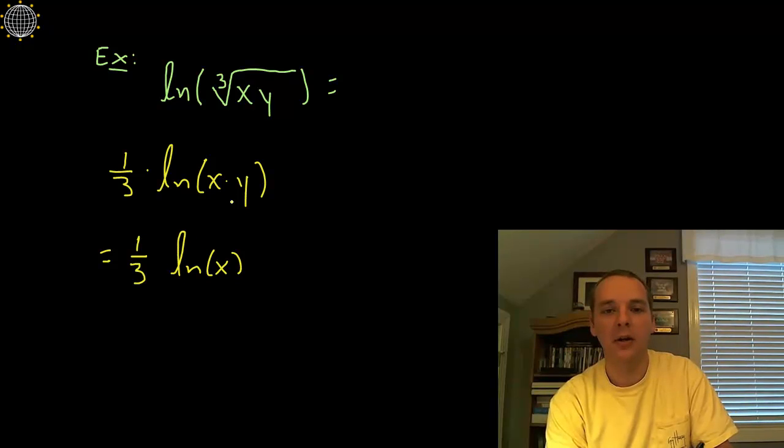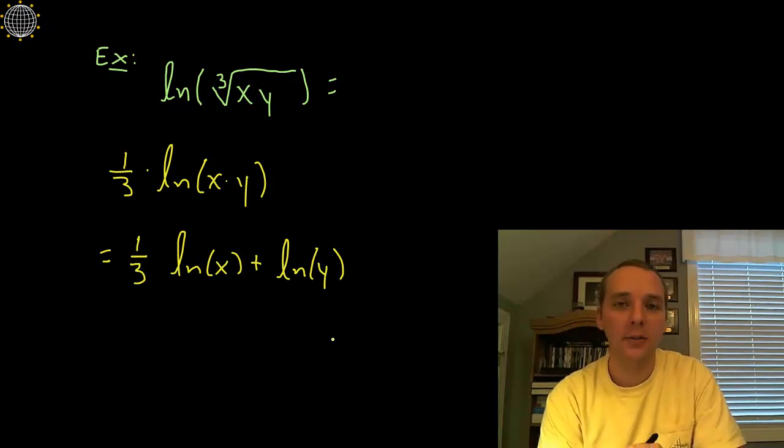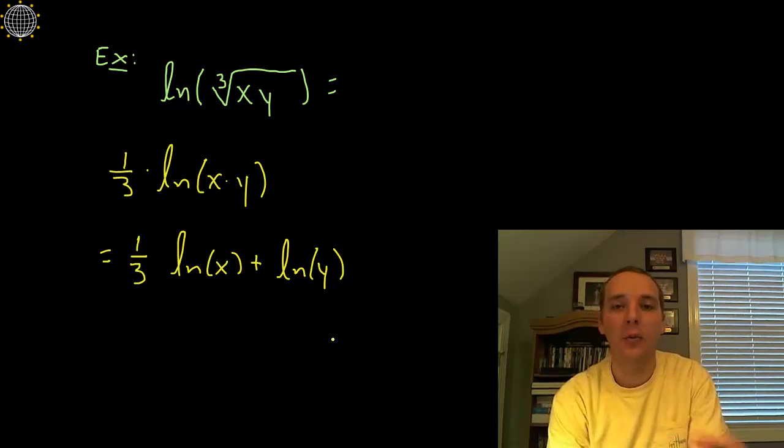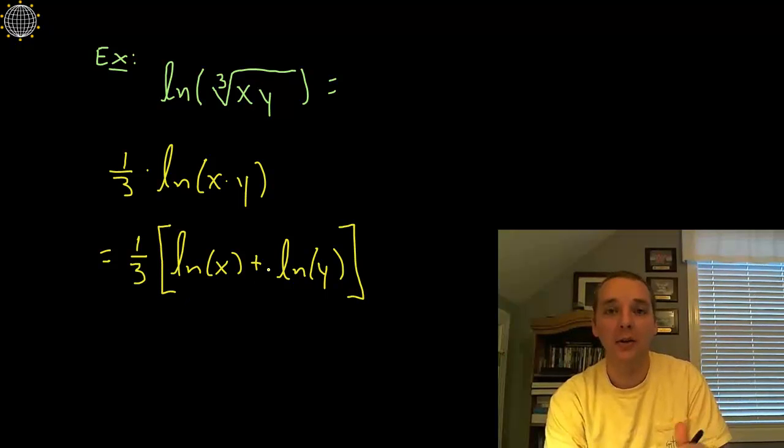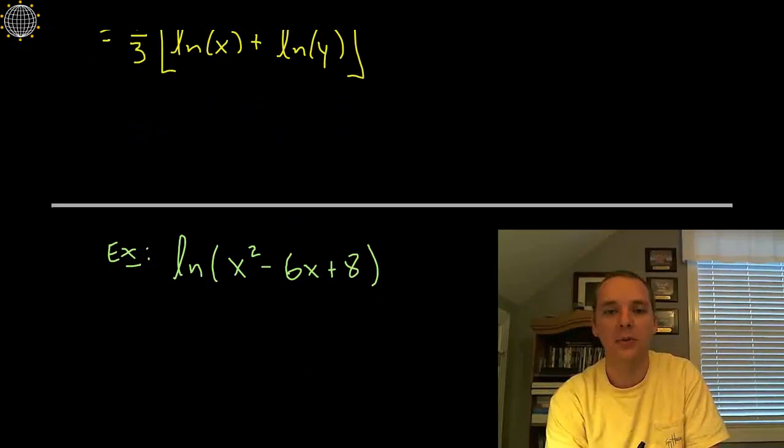If we wrote natural log of x plus natural log of y, believe it or not, that'd actually be incorrect. Why? What did I miss here? Well, this was 1/3 times this entire quantity, so I need to make sure to keep any quantities like that together if you expand it apart. Same thing's true with division turning into subtraction.